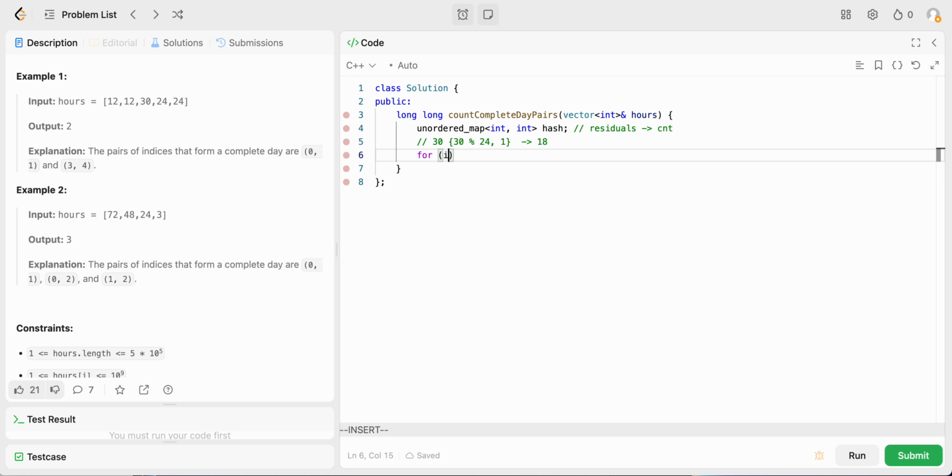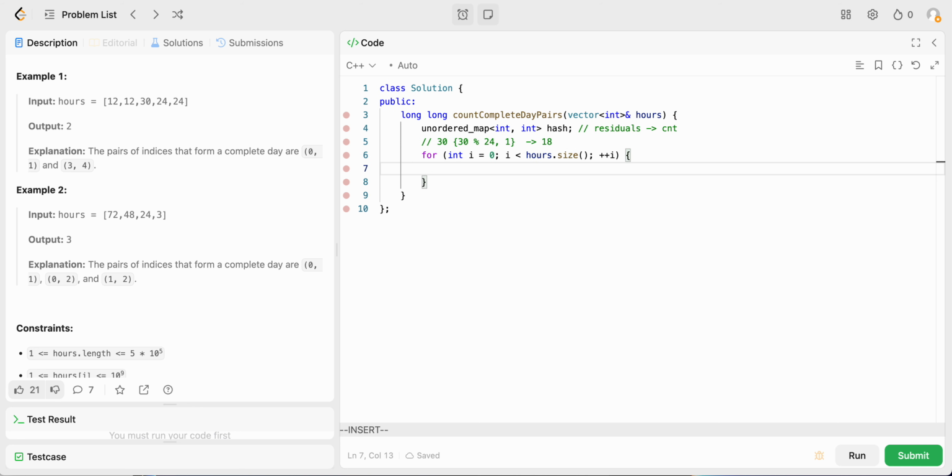So for each number in hours, h is just hours at position i, and we will first decide what the residual is. The residual is r, and then we need to know whether r is in the hash.